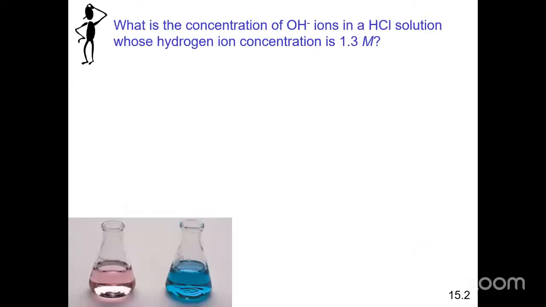So here's a question. It says, what is the concentration of hydroxide ions in an HCl solution whose hydrogen ion concentration is 1.3 M? Well, since we know that the ionic product is equal to 1.0 times 10 to the minus 14, which is the product of the concentration of hydrogen ions and the hydroxide ions, then basically all we have to do is rearrange this equation to find the concentration of OH minus.